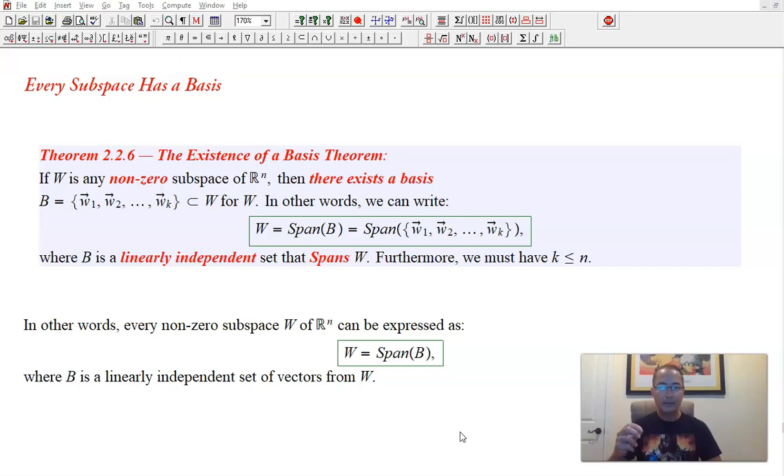Now, it's a little bit harder to show that any 2 bases, which is the plural of bases, for the same subspace has exactly the same number of vectors. So to do that, you need what is called the independent sets from spanning sets theorem, and that is proven at the end of that section. So be sure you read that, and that will complete the proof that any 2 bases for a subspace must have exactly the same number of vectors.